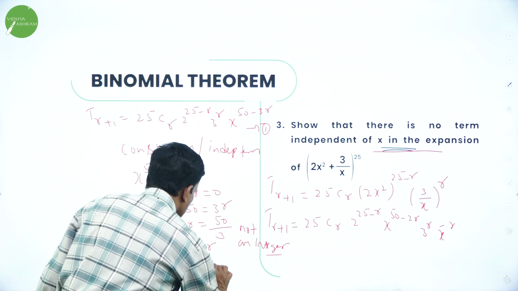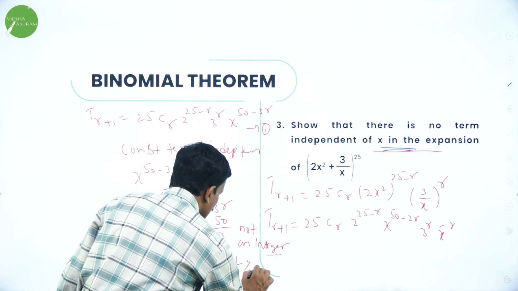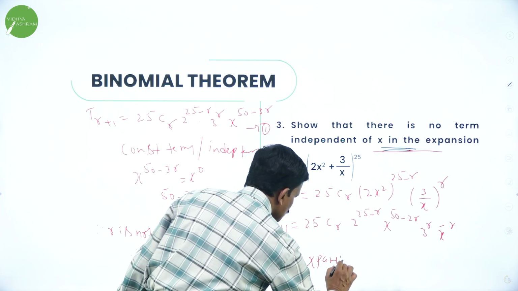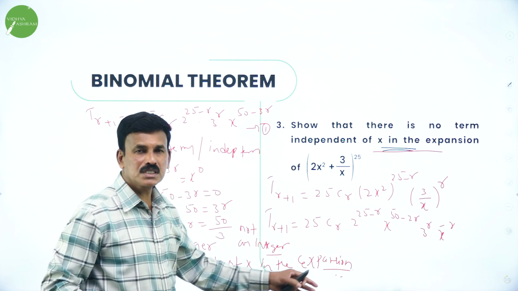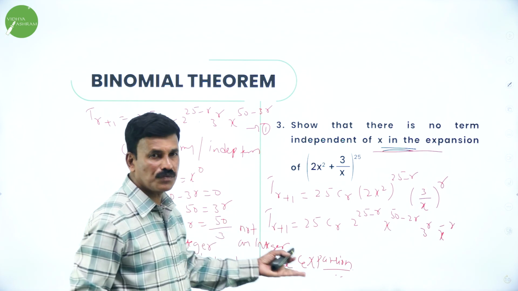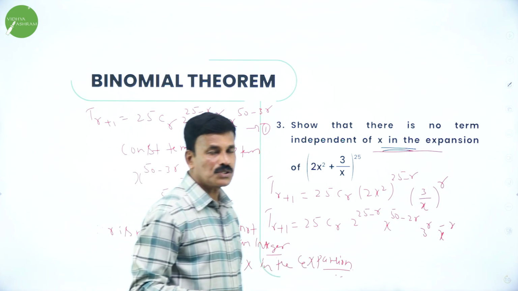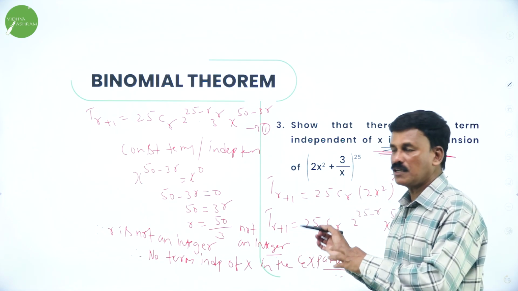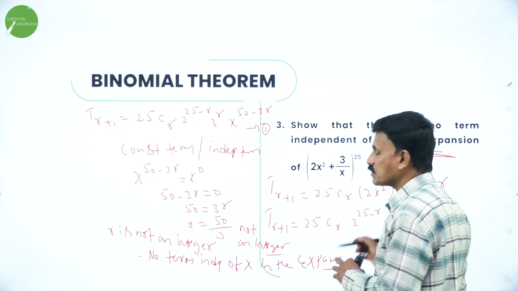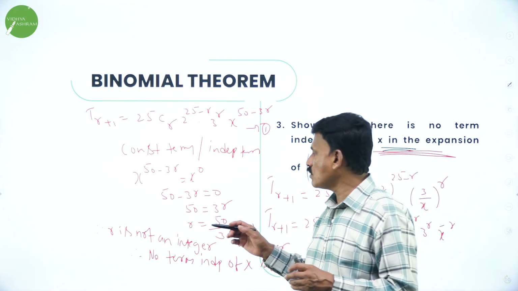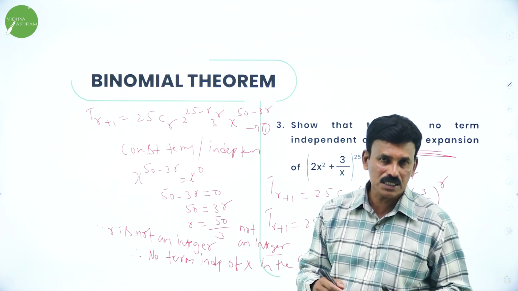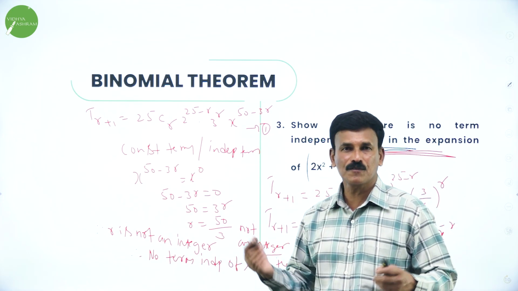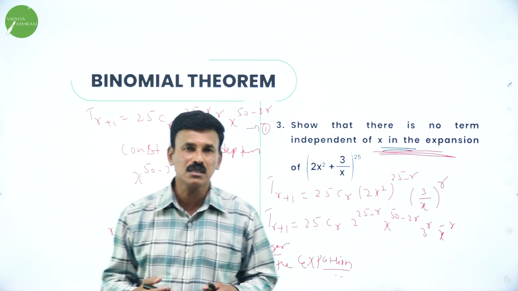Since r is not an integer, r is equal to 50 by 3, which is not an integer, therefore there is no term independent of x in the expansion. That means the coefficient of x and the constant terms all depend on the value of r. Since it is not an integer, there is no term independent of x in the expansion.